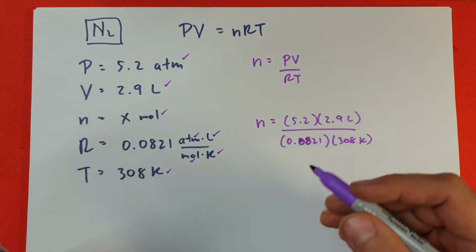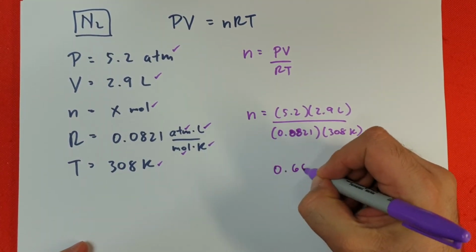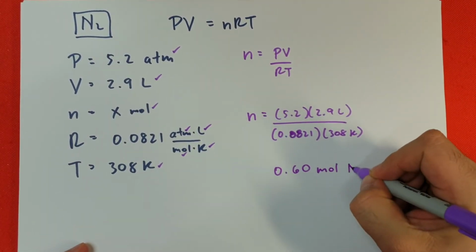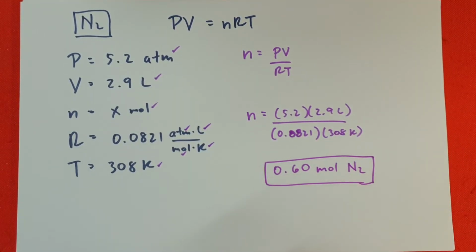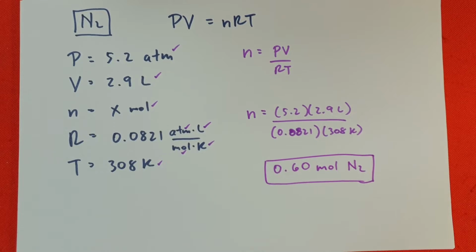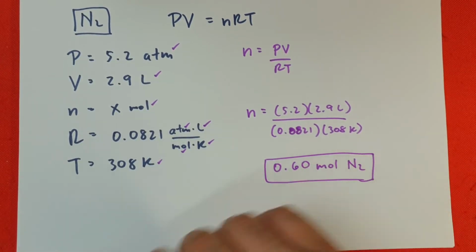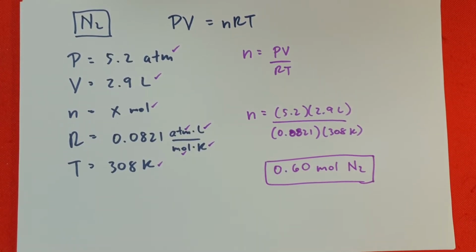And we get our answer, which is 0.60 moles of nitrogen contained in this specific tank or container. So this problem was really straightforward. Let's look for another problem.